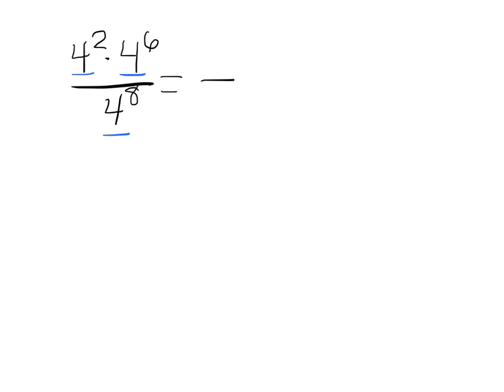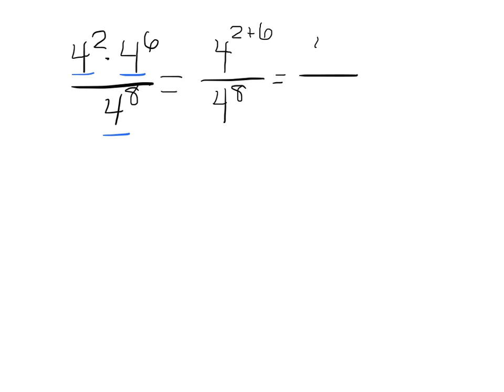Let's try another one. Let's say that I have 4 to the 2nd times 4 to the 6th over 4 to the 8th. I see that I have a common base, so I can use my product of powers property. In my numerator, I'm going to have 4 raised to the 2 plus 6, because my base is the same, so I'm going to add my exponents. My denominator is going to stay the same.